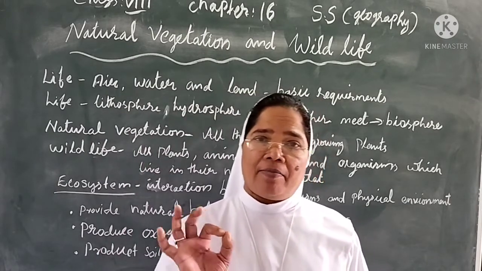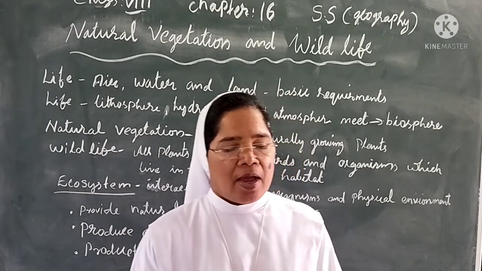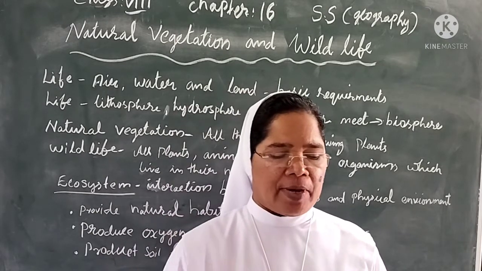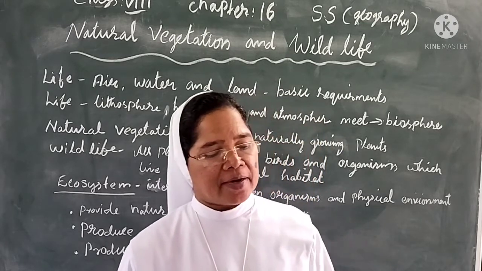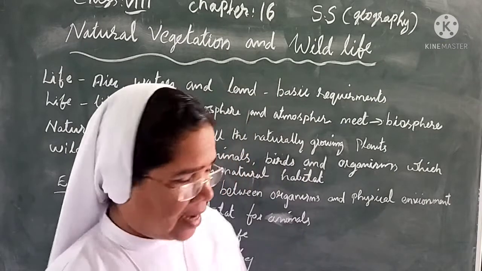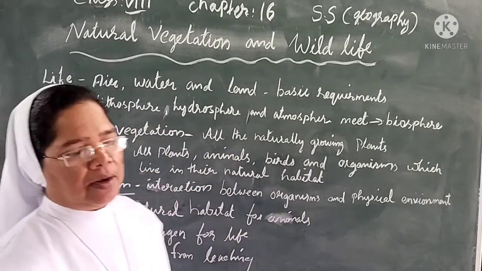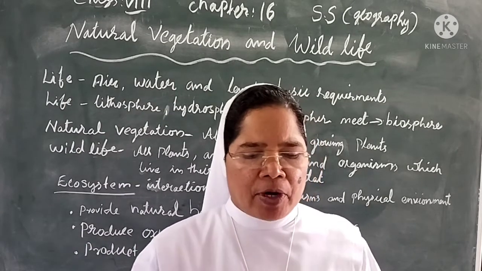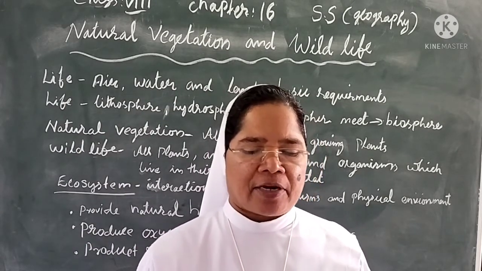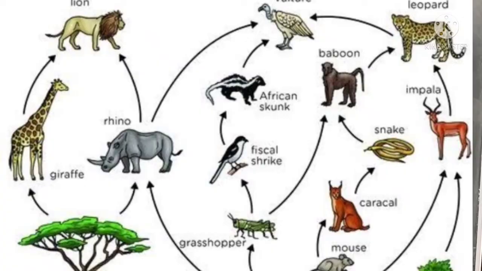Animals living in a particular habitat interact with each other and with the physical environment they are in. The interaction between organisms and their physical environment in a particular area is referred to as an ecosystem. What is an ecosystem?